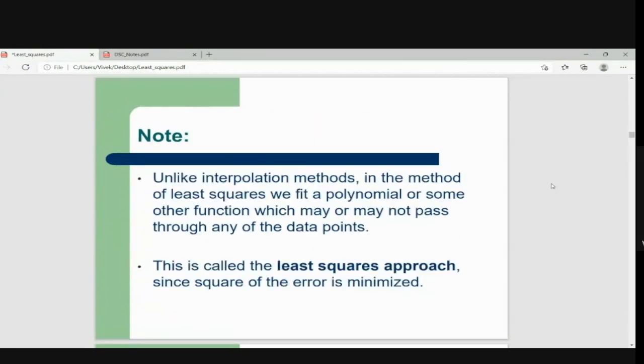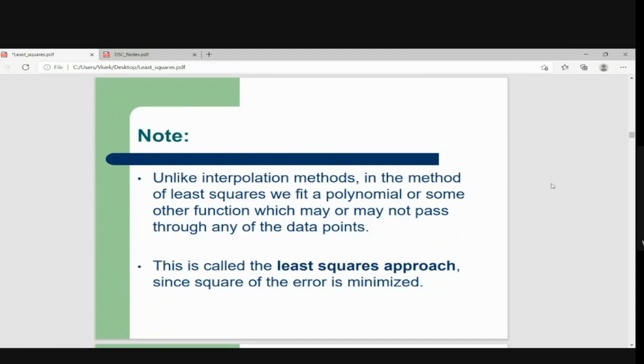Now, unlike the interpolation method, in the method of least squares we fit a polynomial or some other function which may or may not pass through any of the data points. If you remember, the word interpolation says that our curve should pass through all the data points.